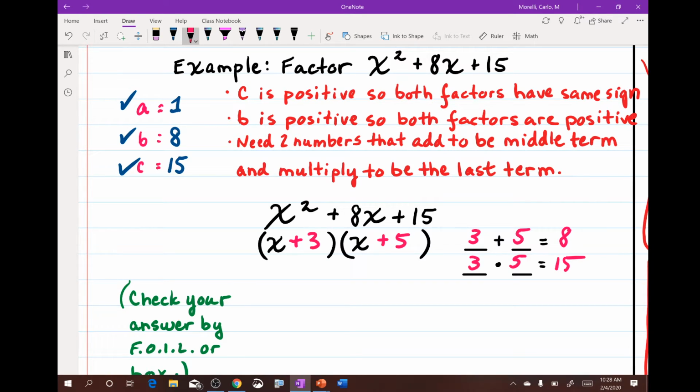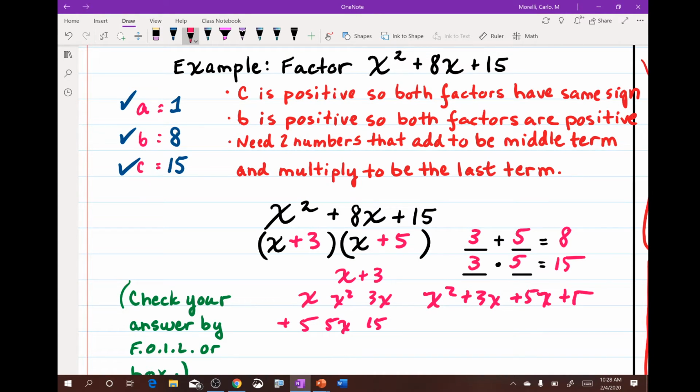You got this, guys. Now, you check your answer by foiling or boxing. So I'm going to show box here. Just check. X squared, 3x, 5x, 15. That's x squared plus 3x plus 5x plus 15.